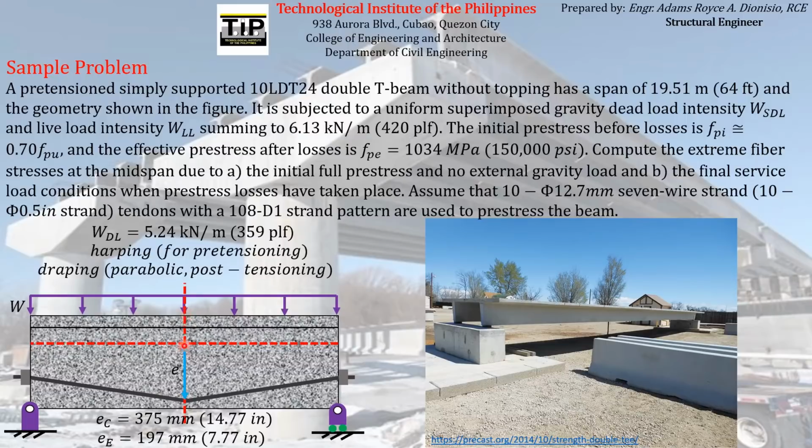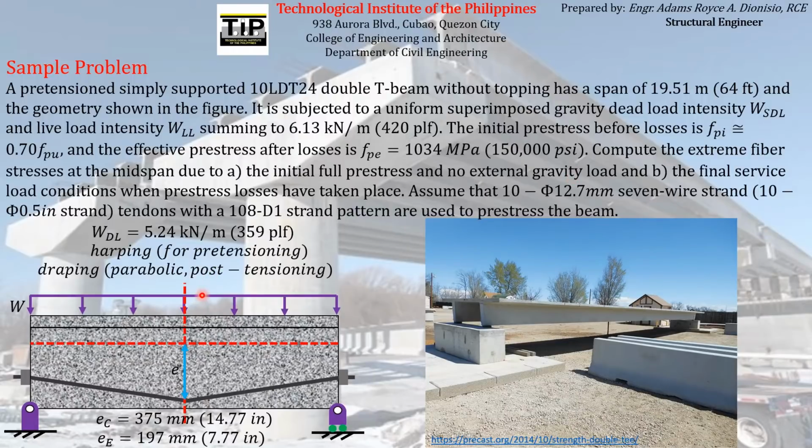So we want to find the stresses on the top and bottom fiber at midspan due to letter A, initial full pre-stress and no external gravity load. So what is the stress experienced by the concrete at top and bottom fiber due to the initial pre-stress and the self-weight alone, because it is said that there is no external gravity load.